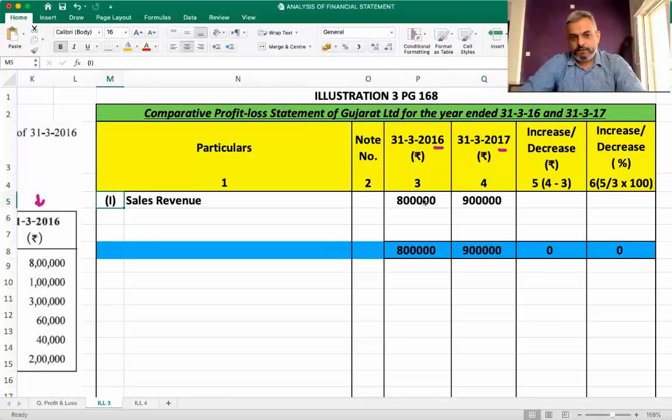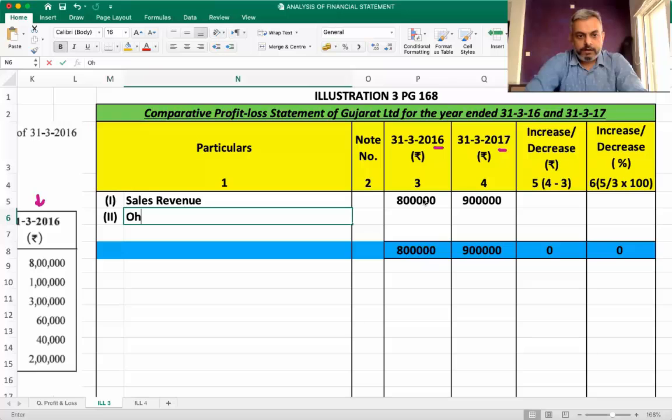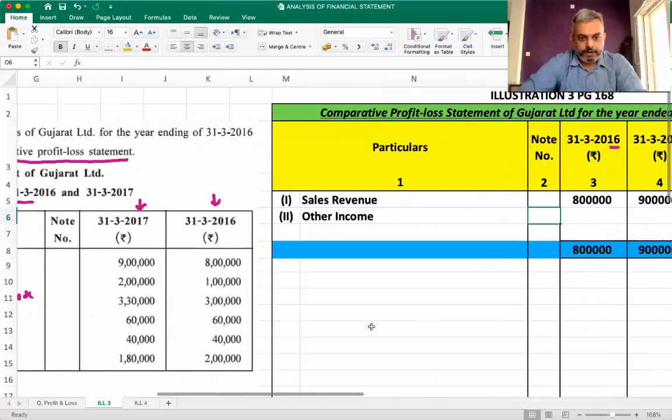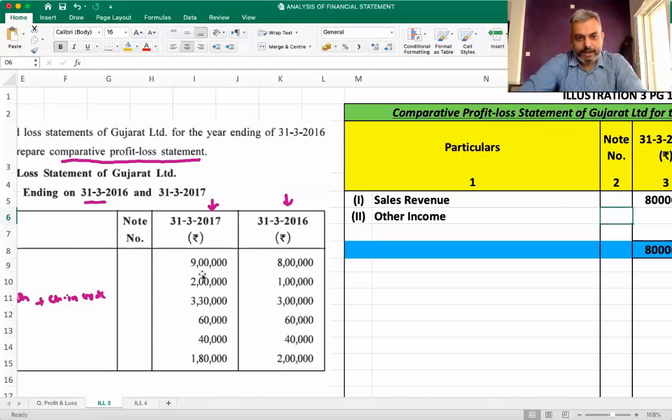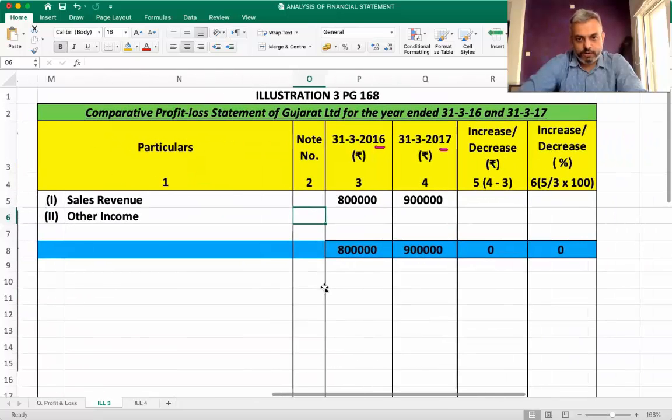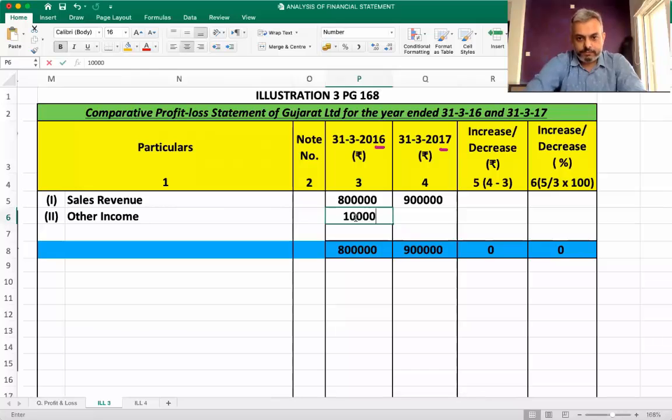Now over here we can do this together, or first let's make the complete format with amounts and then we go for increase, decrease and percentage increase, decrease, which I'll show you. Then second, other income. Now other income, again you see this 1 lakh and 2 lakh. So you go this way only. So 1 lakh and 2 lakh.